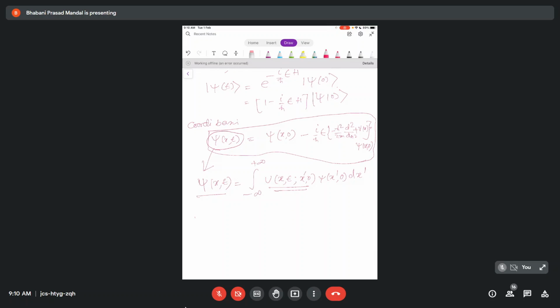So let me write that quantity, x at epsilon and x prime at 0. This formula you already derived. It was m by 2 pi i h cut epsilon to the power half, and then e to the power i by h cut, m times x minus x prime whole square by 2 epsilon.